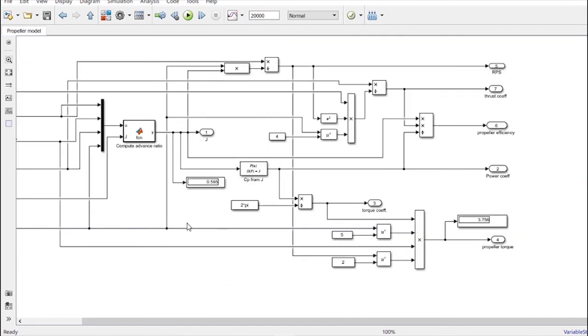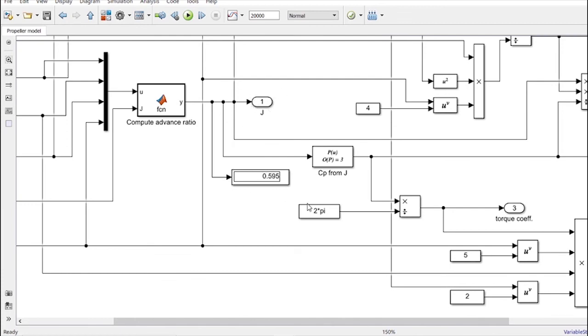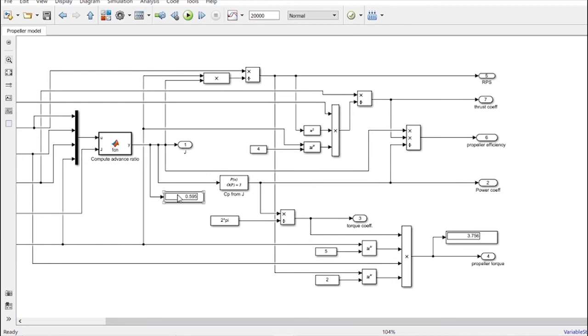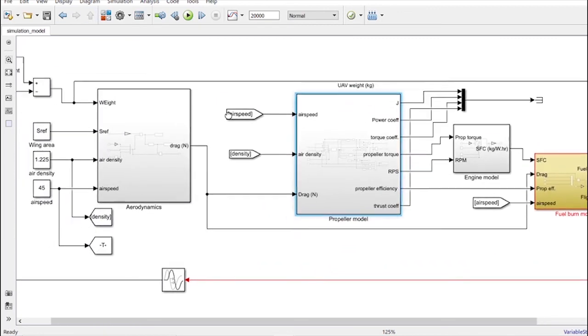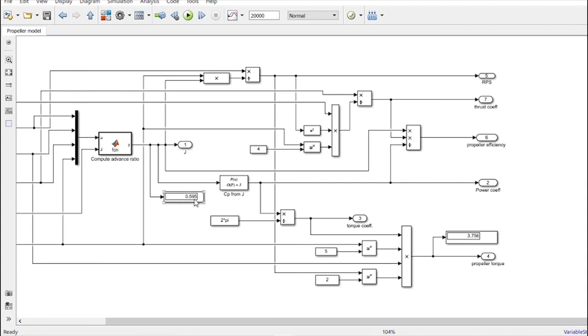Now that I've successfully run this simulation, we can see some of these values in between the simulation. Here we see that for this particular operating condition, we have an advance ratio of 0.595, which also corresponds to a torque of 3.756.